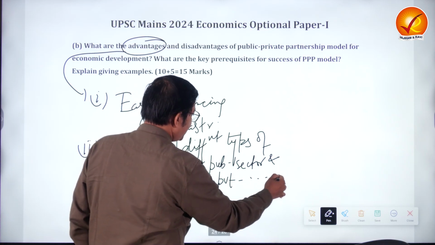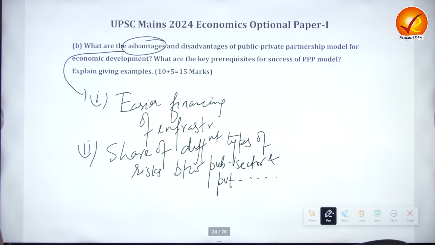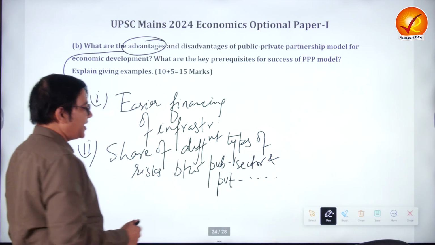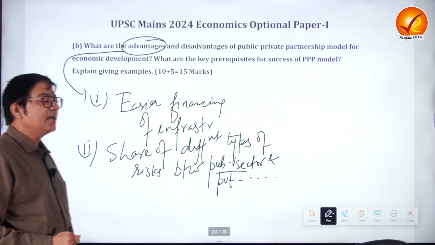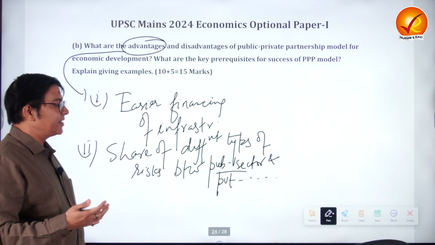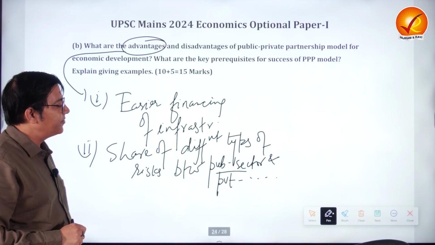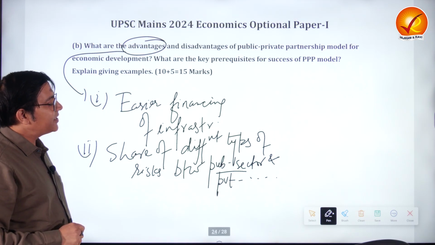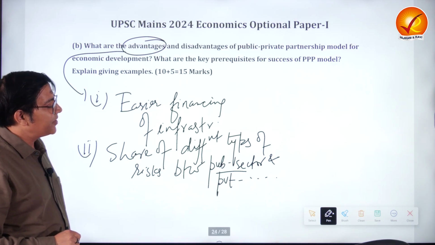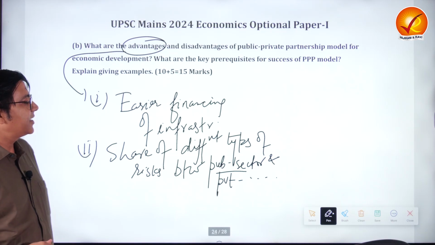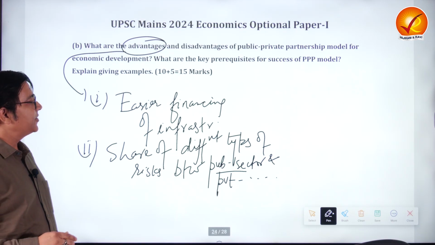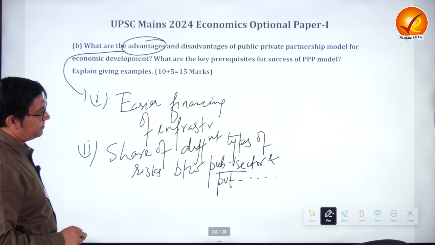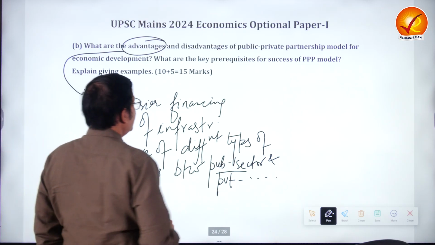The risks are unique actually here. Like regulatory risk is often handled by the public sector, the government, getting the clearance on certain things, some regulatory approvals, etc. Private sector related risks are mostly the market risk. They take up that kind of a risk. So these are some of the advantages that can be talked about.